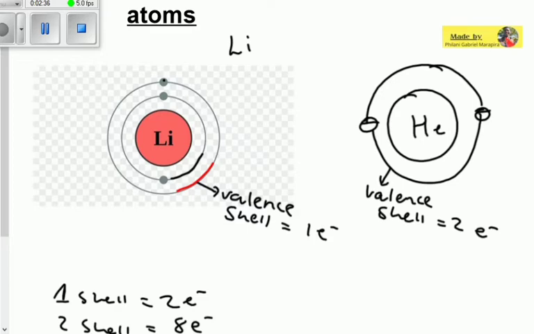Its maximum holding capacity is 8. Therefore, in lithium it's not fully filled with 8 electrons. So the fact that the second shell, which I marked with red, is not filled with 8 electrons means it's unstable.